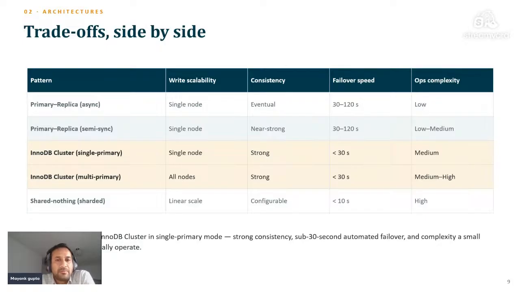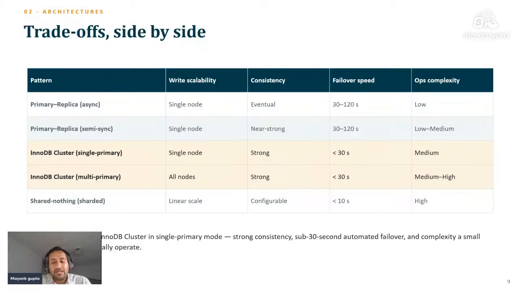We have a single primary, multiple replicas, and group replication is taking care of it. If you see the third row, InnoDB cluster, it's the same thing. We have a single node primary, and consistency is very strong because the router is just connecting to the single node. It doesn't have to talk to multiple database nodes. That's why the failover is in seconds and the complexity is medium to low.